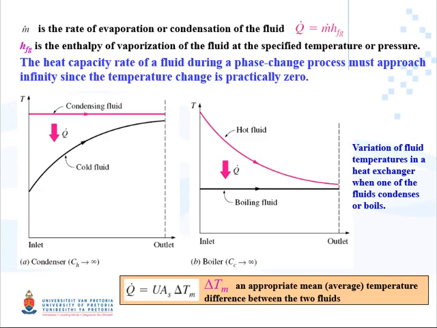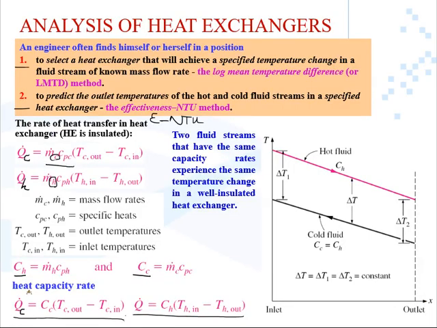Besides that, we need to know that condensers and boilers are two common heat exchangers widely used in industry, and they involve a phase change process. To add that to our analysis, we have another level of complexity. For example, if I go back to the previous slide, you can see that it was very simple.